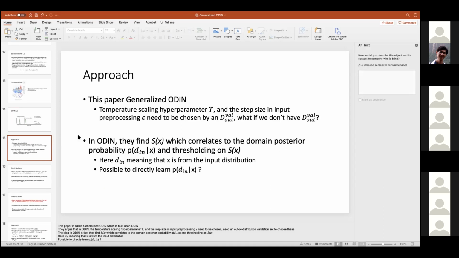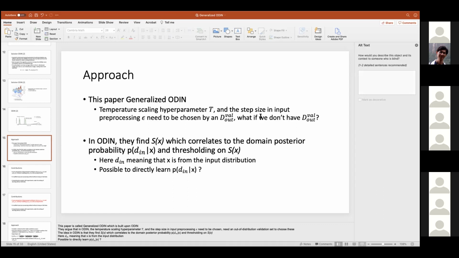This paper is called Generalized Odin, so it's built upon Odin. They argue that in Odin, because you have a temperature scaling hyperparameter T and a step size epsilon in input preprocessing, they need to be chosen by an out-of-distribution validation set. But what if we don't want to have an out-of-distribution validation set?